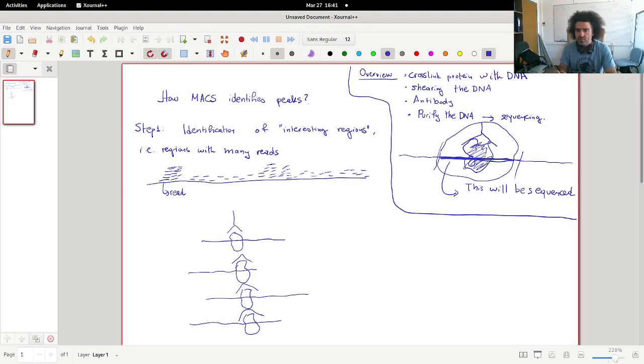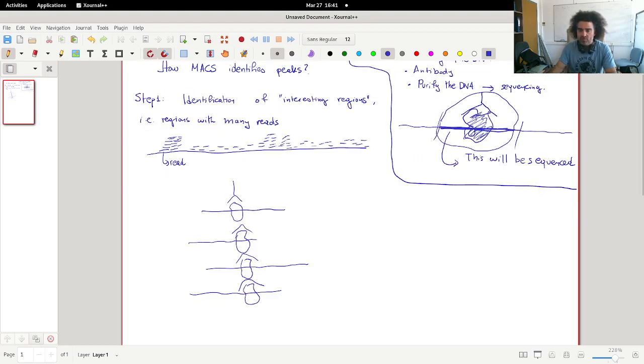So let's assume that we have a tissue with just 4 cells. Then in cell number 1 we have precipitated this complex, cell number 2 this complex, cell number 3 this complex, and cell number 4 this complex here.